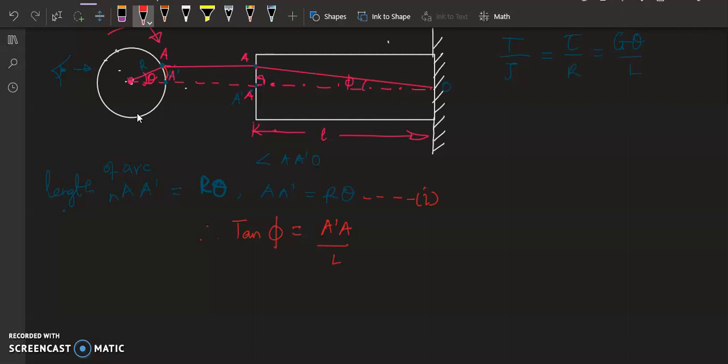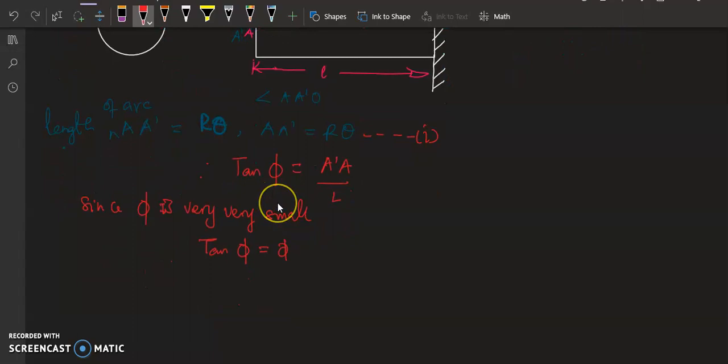We are going to consider this angle very, very small. So we say since phi is very, very small, we therefore have tangent of phi being equivalent to phi. And that leaves us with one thing.